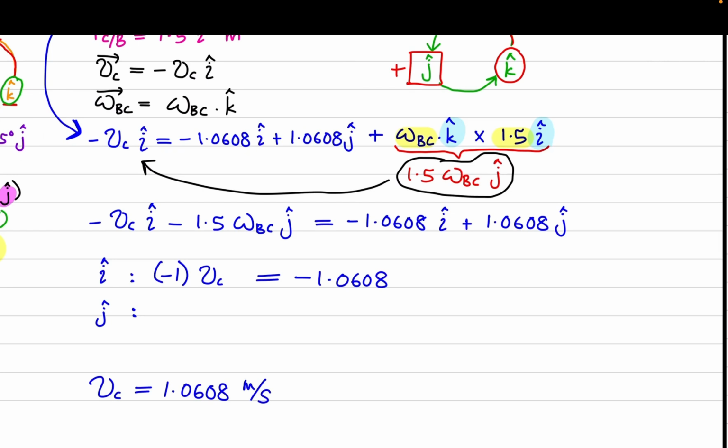And then for the j component, we do not have a j component for VC. We have minus 1.5 omega BC equal to 1.0608 for the j component, and therefore omega BC will be 1.0608 divided by minus 1.5, which gives minus 0.707 radian per second.